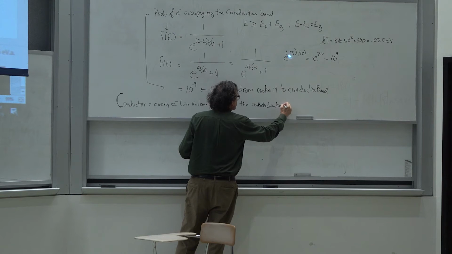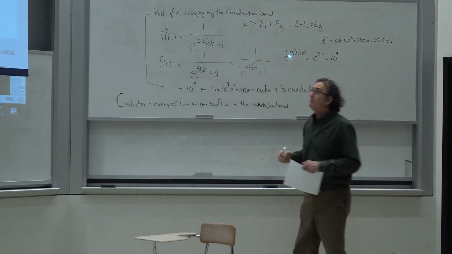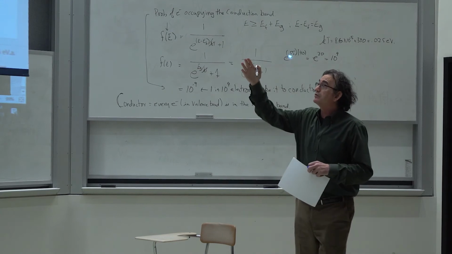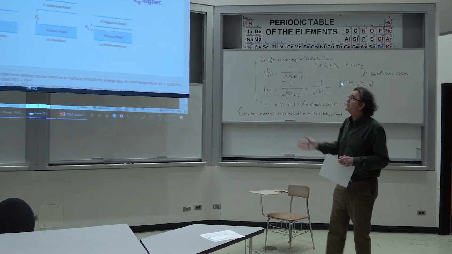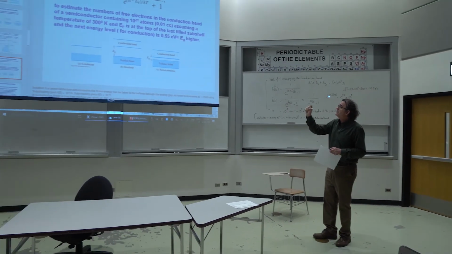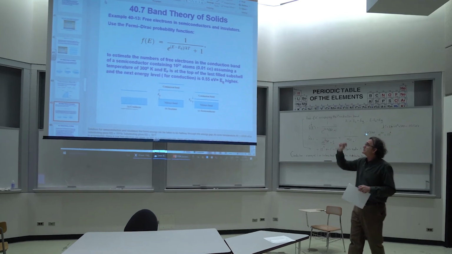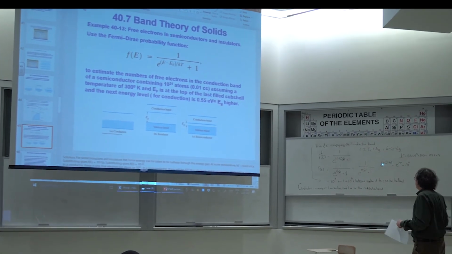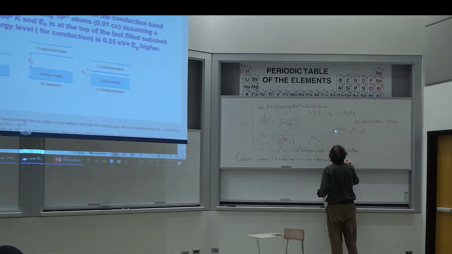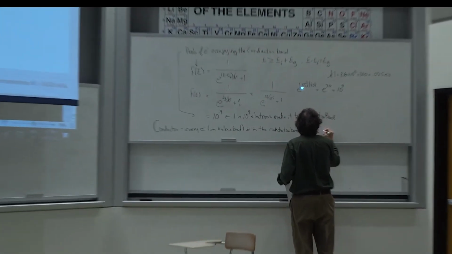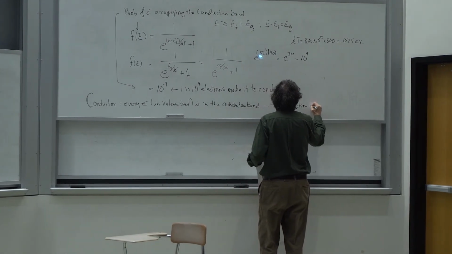Okay, so in this particular example, if I have of order 10 to the 21 atoms in 0.01 cubic centimeters, which is about 4 millimeters on the side of a very small piece of metal, then for a conductor, I will have 10 to the 21 conduction electrons.